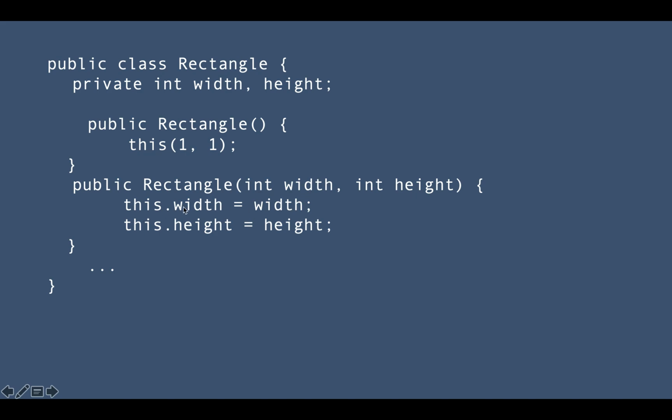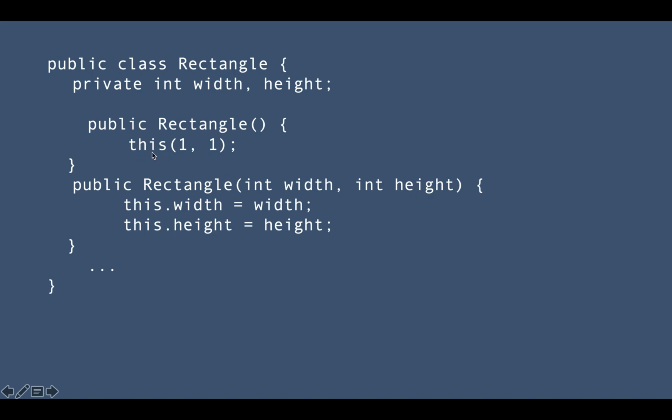So I'm saying this dot width, or the rectangle's width, is equal to the parameter's width. And then the rectangle's height is equal to the parameter height. So I'm initializing the rectangle's properties with shadowed parameters. So that's back to the first way that we can use this.